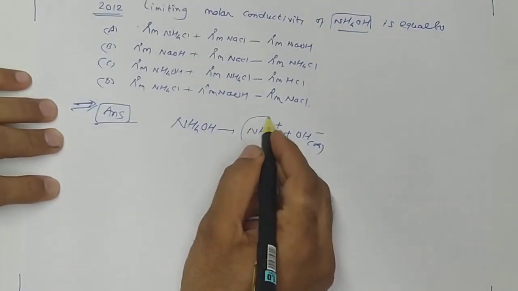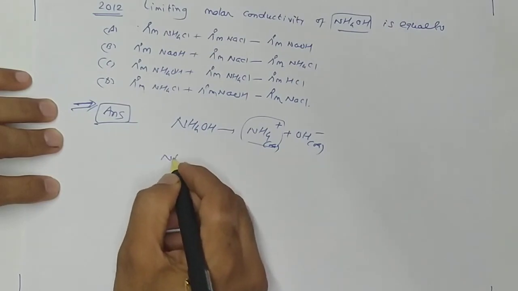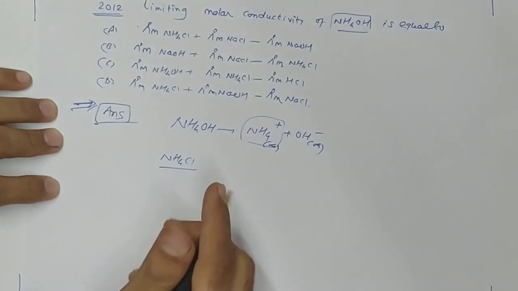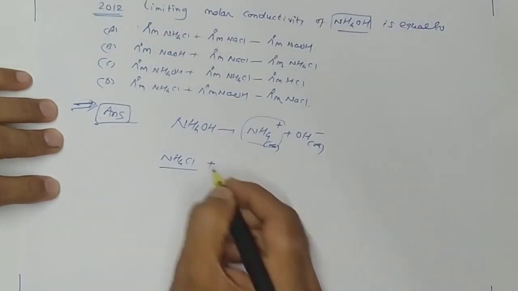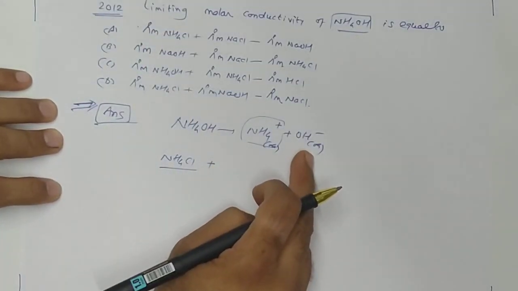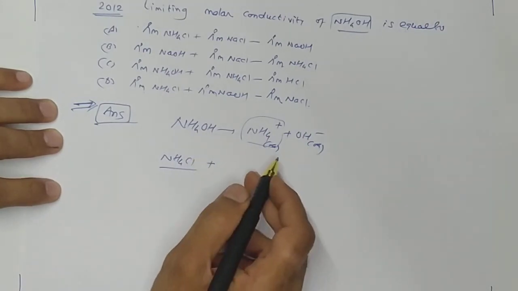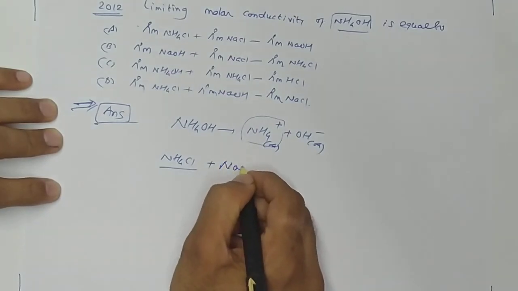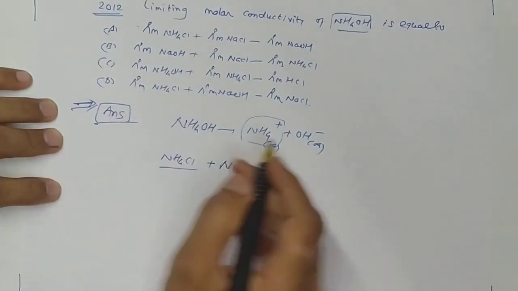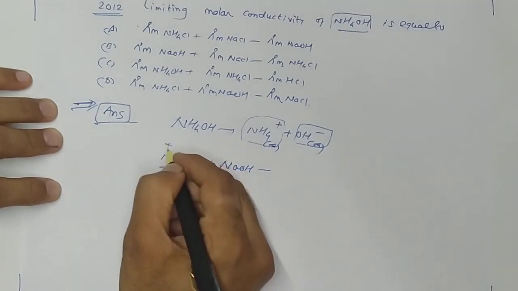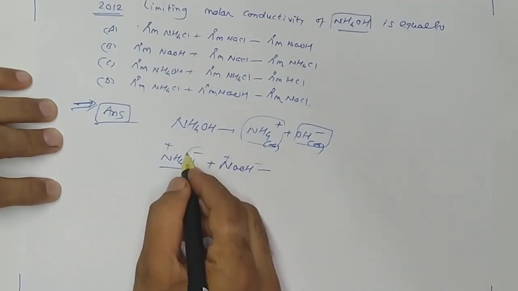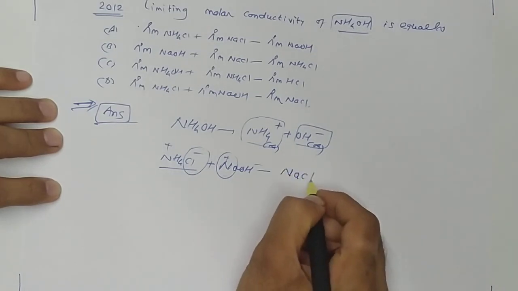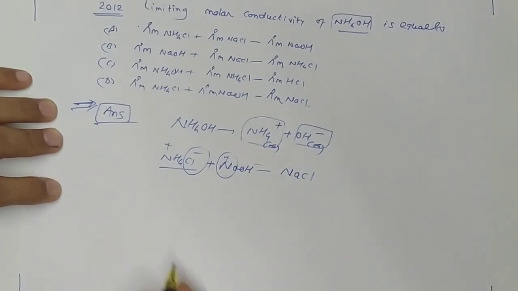Here find out the compound having NH4+ ion from given options. Which one? NH4Cl. Okay. Then OH- ion having strong electrolyte. This one strong, OH- having NaOH. So addition of both. Now excess is chloride and sodium, so that compound should be subtracted. So it will be our answer.